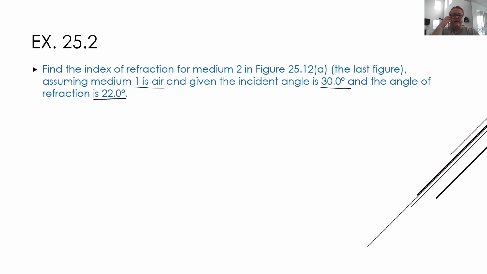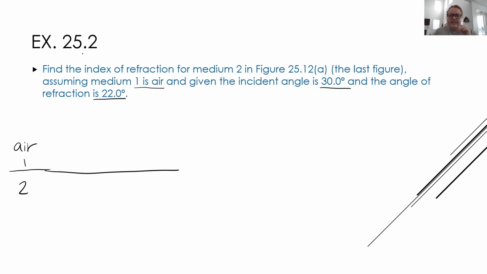I could just start plugging in numbers, but if we don't understand how it looks, it's going to be difficult. So we have our surface here, air up at the top, then some other medium, medium 2, whatever that is.